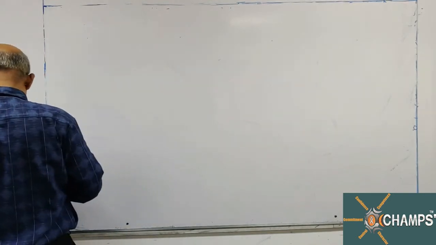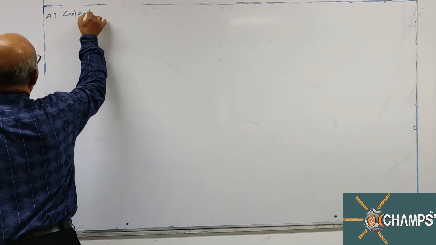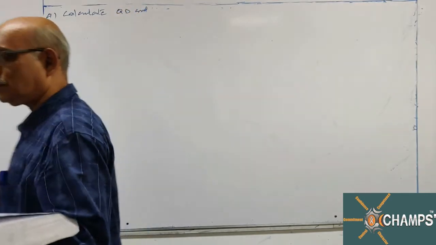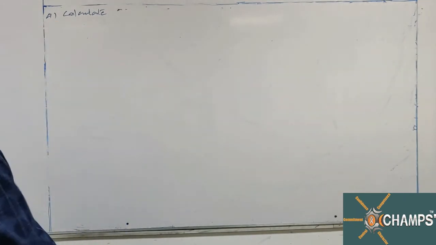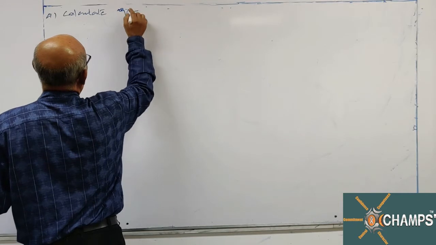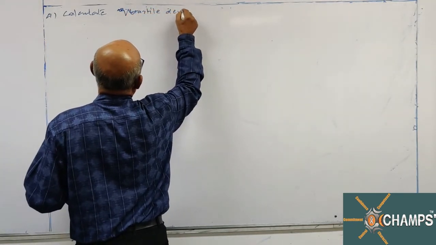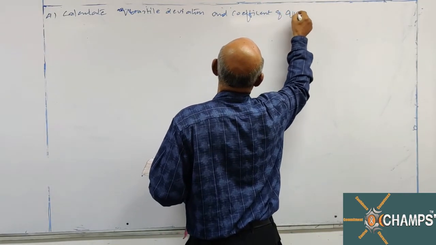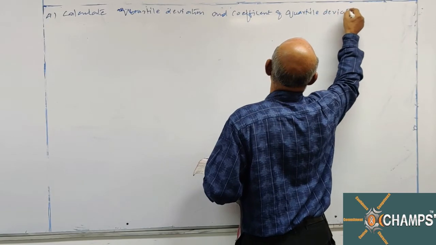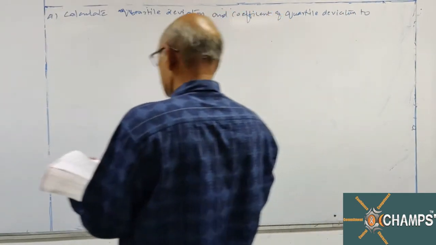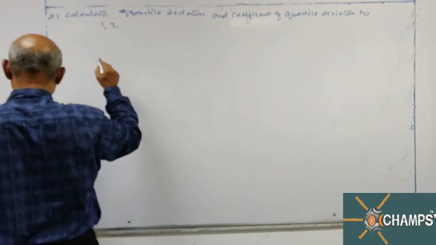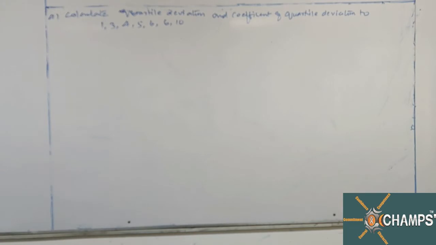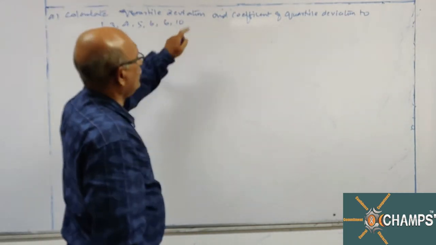Calculate quartile deviation and the coefficient of QD for the data: 1, 3, 4, 5, 6, 6, 10. 1, 2, 3, 4, 5, 6, 7 values are given.